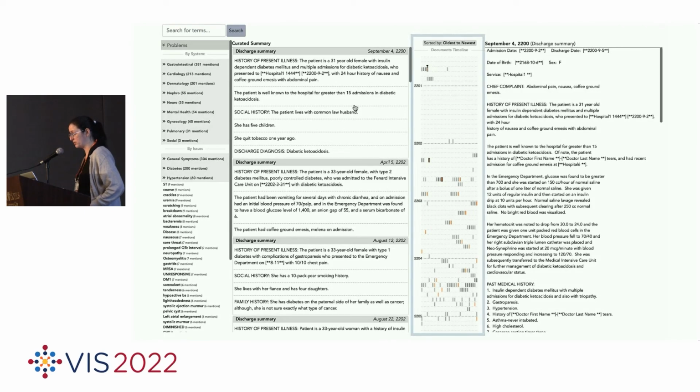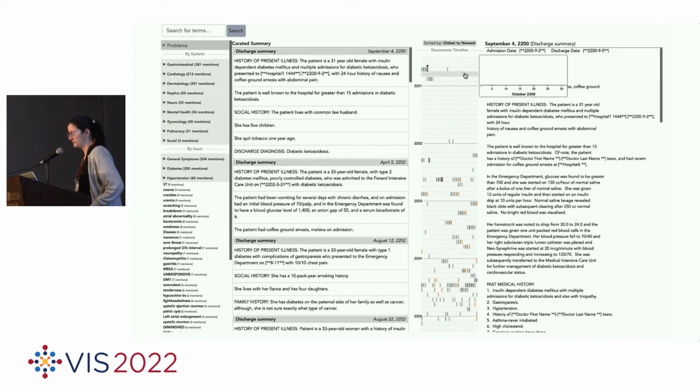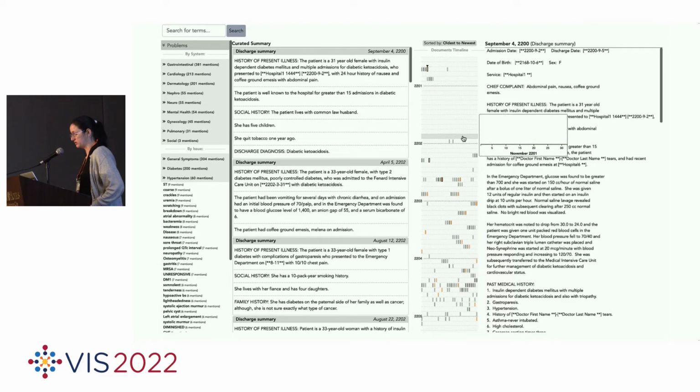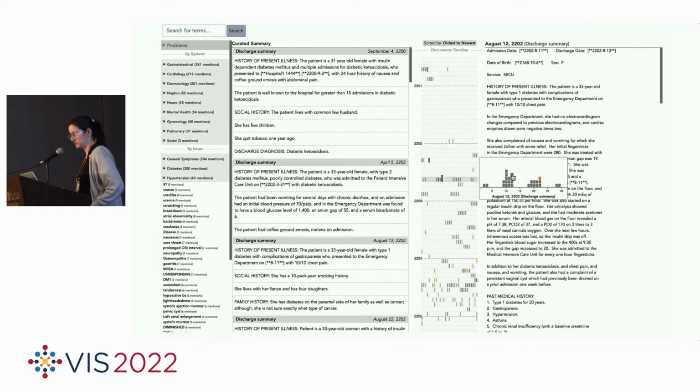There's also a modified calendar view with the rows for months and markers for days featuring notes that helps convey temporal patterns. See there, for example, that there's a clear uptake on the number of notes in recent months, which is not a good sign. So to learn more, we can locate a discharge summary to read more closely, which are the orange markers that you see here.